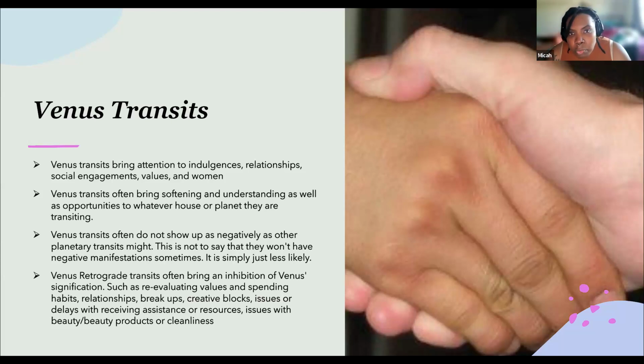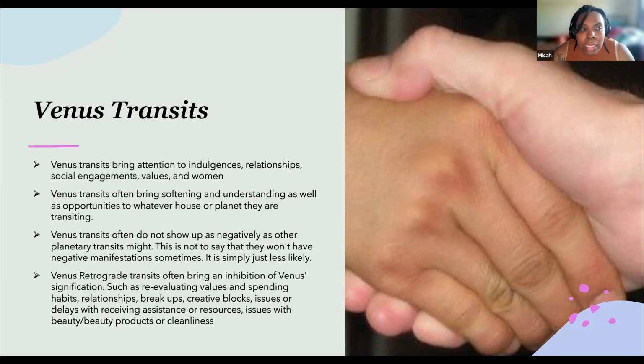The moon also brings attention to women, but usually we don't see the two being taken into account together having to do with women a lot. Can it come up in someone's chart? Yes.